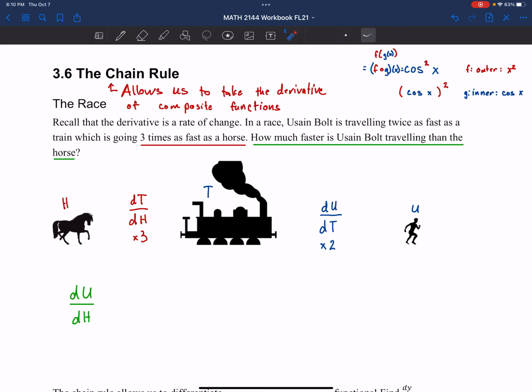So there's some kind of intuition here if you look at what we're given, dt dh and du dt. Well, derivatives aren't necessarily fractions. We'll think about them as differentials and fractions a little bit in section 3.11, but there is some intuition to be gained by thinking about them as fractions.